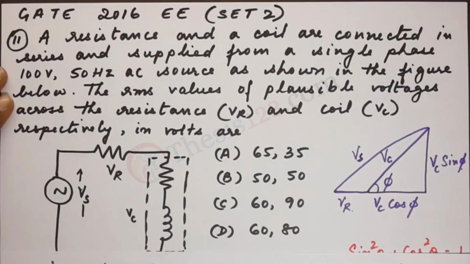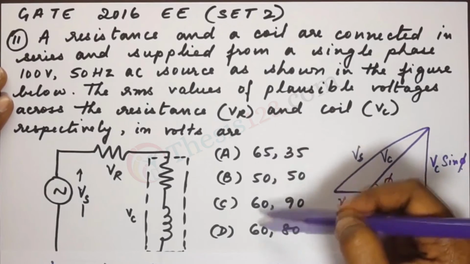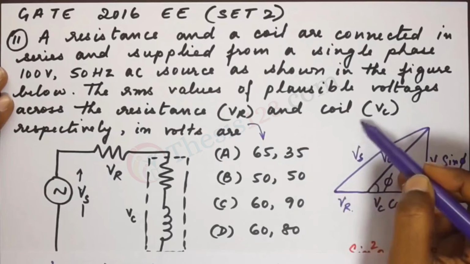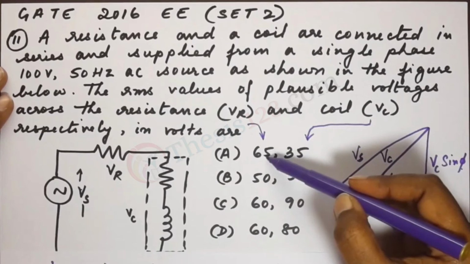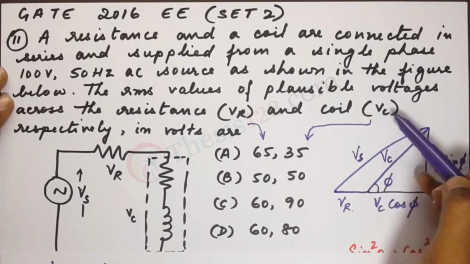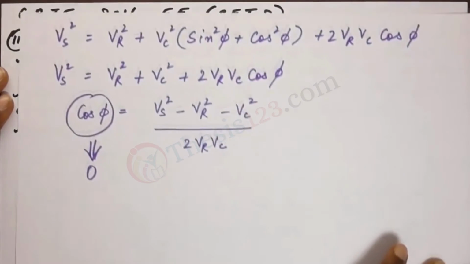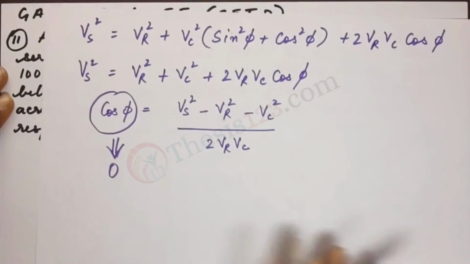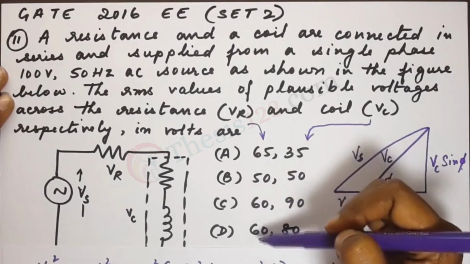The first set of values corresponds to VR and the second set corresponds to VC. If you substitute 65 for VR, 35 for VC and 100 for Vs, you should be able to get the value as 0. So check. You will notice that A doesn't work. So you will have to substitute for each one: A, B, C and D.